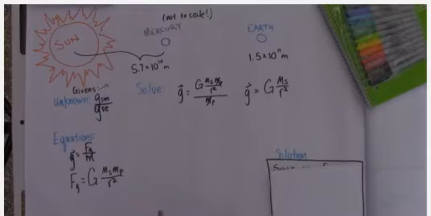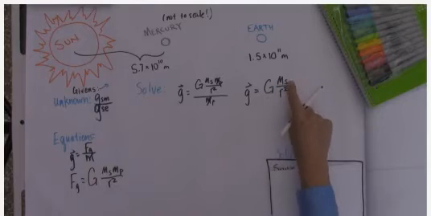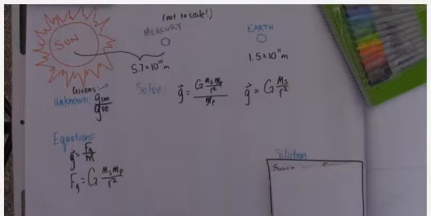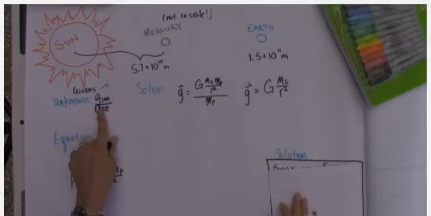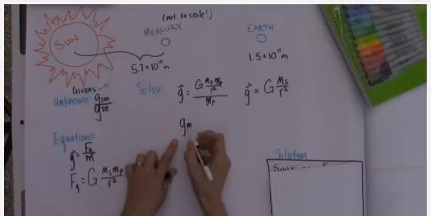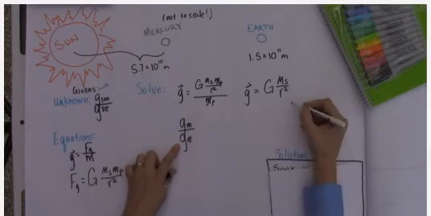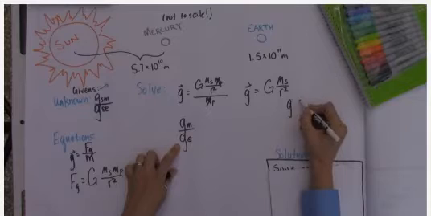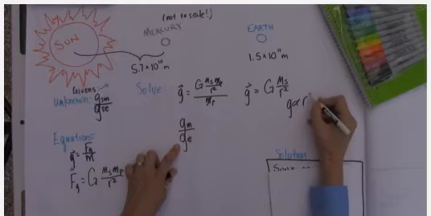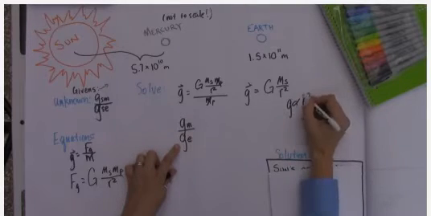So I want you to notice something here. This G and this M are constant. So if we're just doing a comparison, those two things will cancel out. So we get that the gravitational field on Mercury over the gravitational field on Earth, the gravitational field is proportional to 1 over the radius squared.